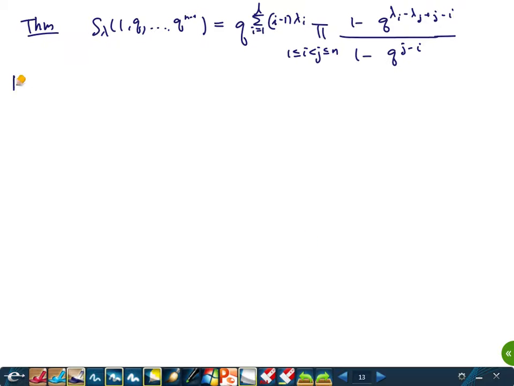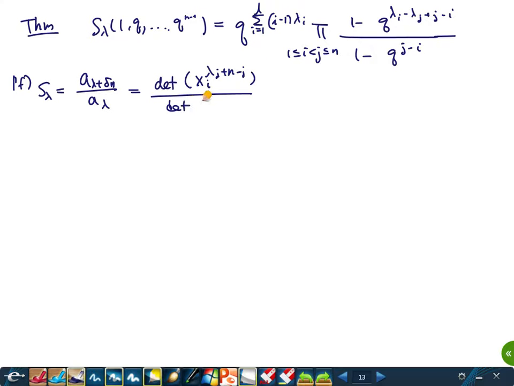We're going to prove this using this formula. We know that it is the quotient of these two alternants. What is this? Determinant. So we need to evaluate two determinants. One we already know, the one with n minus j.